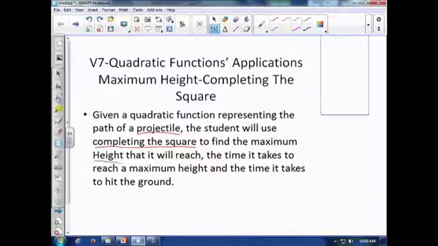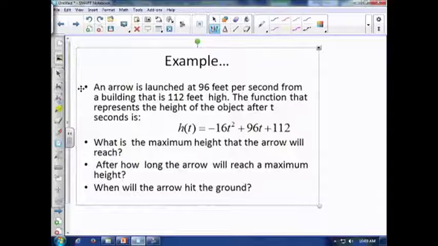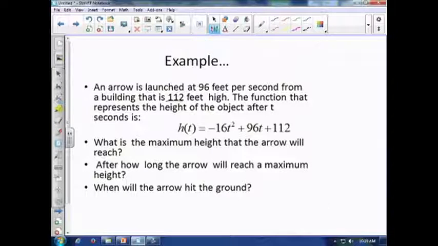So it's the maximum height, the time it takes to reach a maximum height, and the time it takes to hit the ground. So let's take this example. An arrow is launched at 96 feet per second from a building that is 112 feet high.